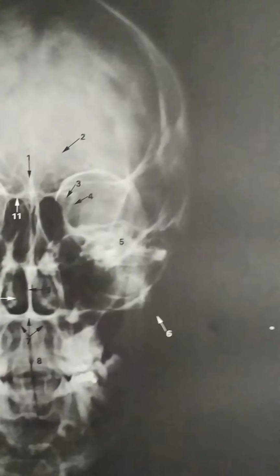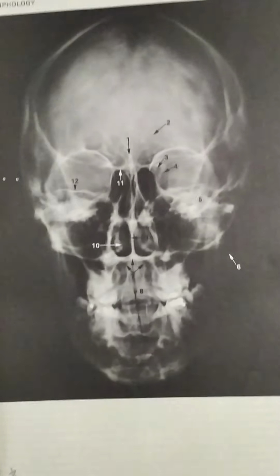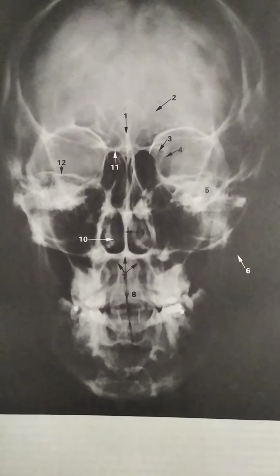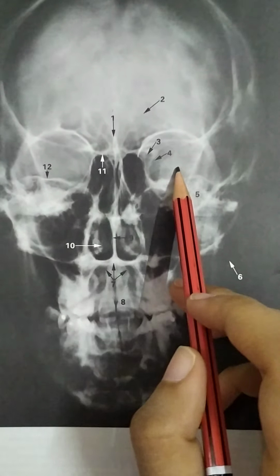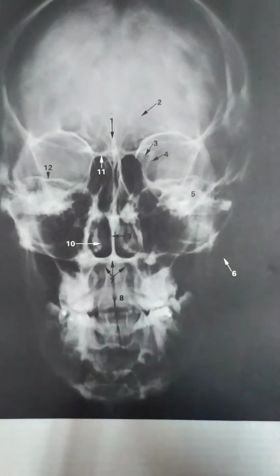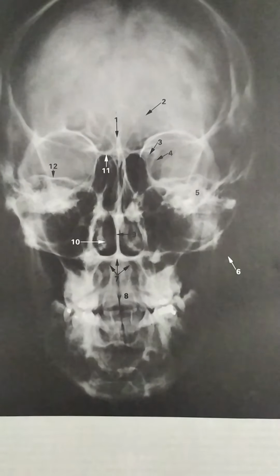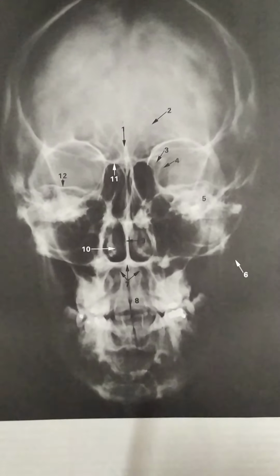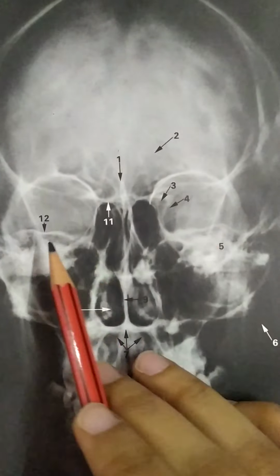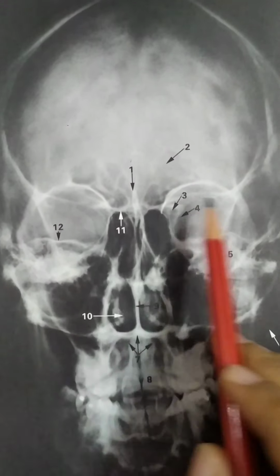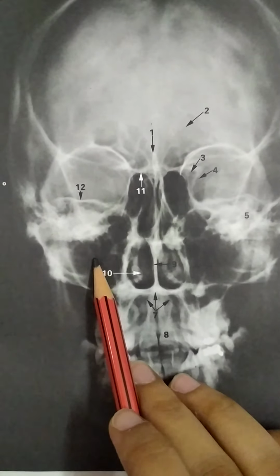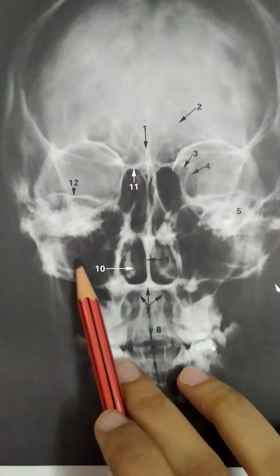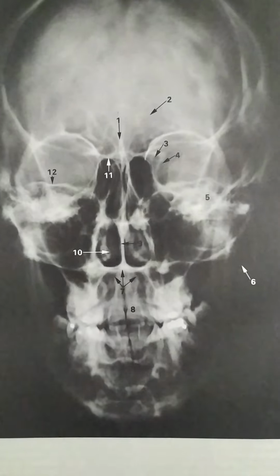Okay. So now one very important thing which I would like to tell you all is that often these orbits are misunderstood as the maxillary air sinuses in the radiograph. See, these are orbits. Above the orbits are present the frontal air sinuses, while these are the maxillary air sinuses.